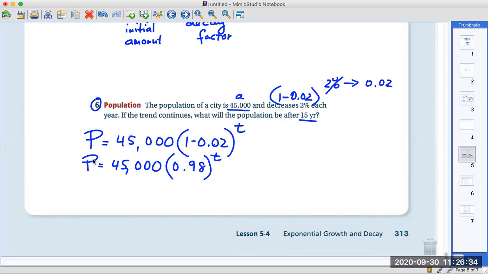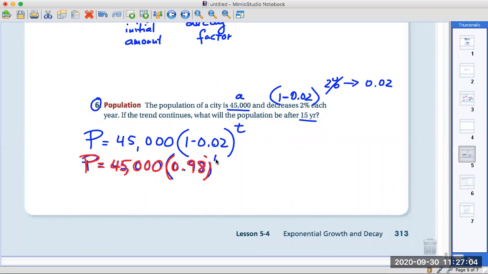So this equation right here can tell me the population of this town at any year after we start counting. You're going to plug in 15 for T to find out how many people are in this town after 15 years. Think about it, should it be more or less people than they started out with? Of course less, right? Because it's decaying.